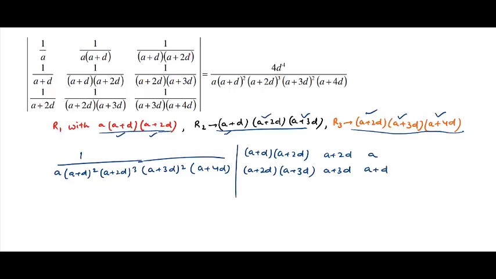And the third row becomes a plus 3d, a plus 4d, a plus 4d, and then a plus 2d. We get these particular values.